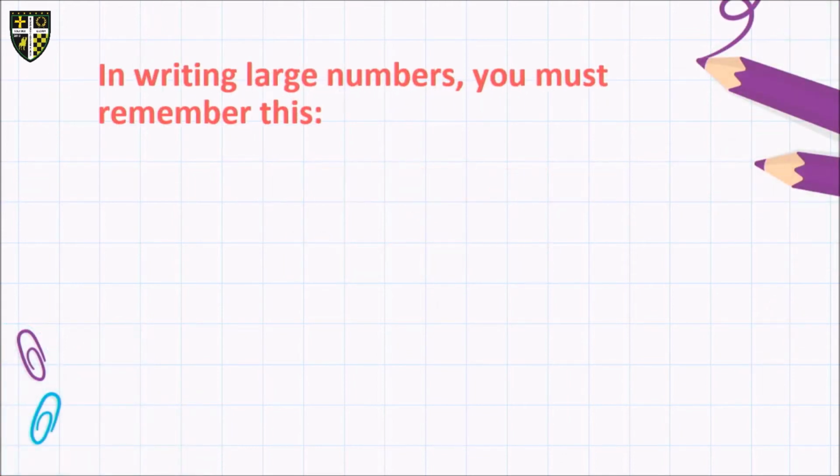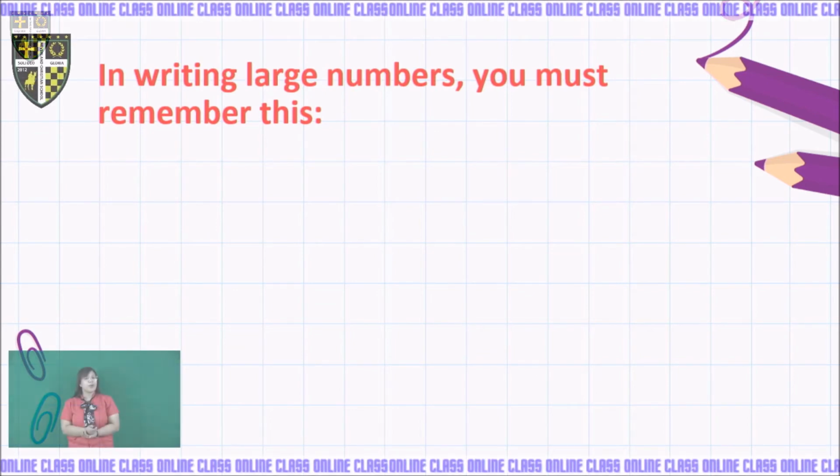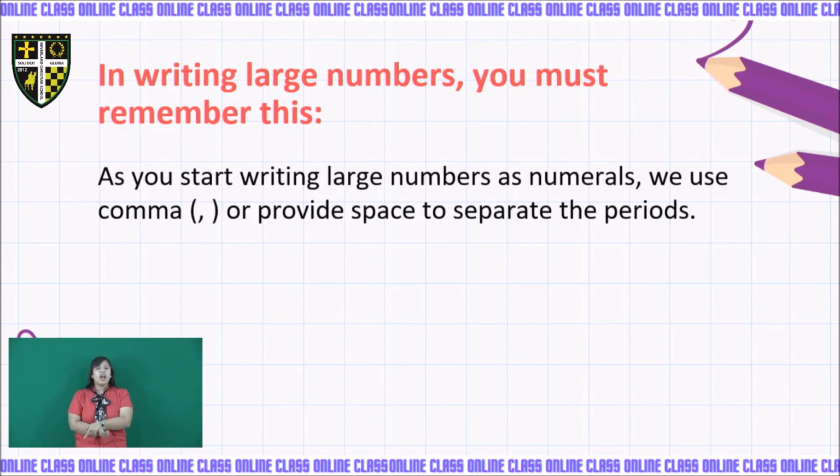So now, we are in writing large numbers. In writing large numbers, you must remember this. Again, you must remember this. As you start writing large numbers as numerals, we use a comma, or provide space to separate the periods.